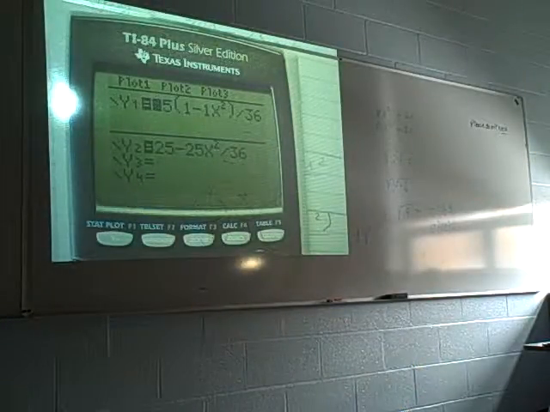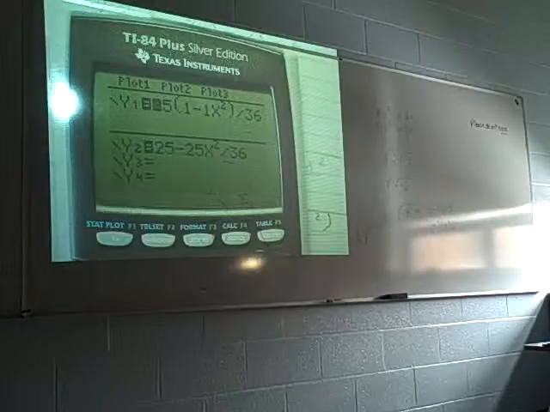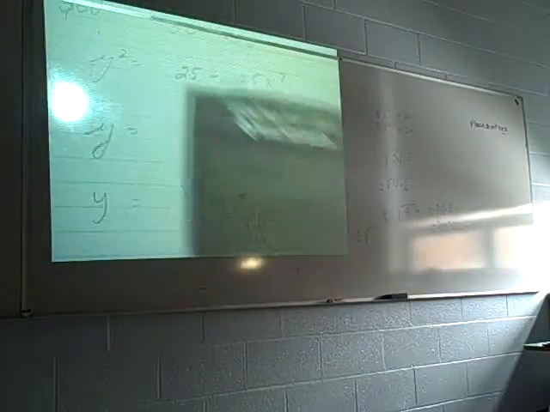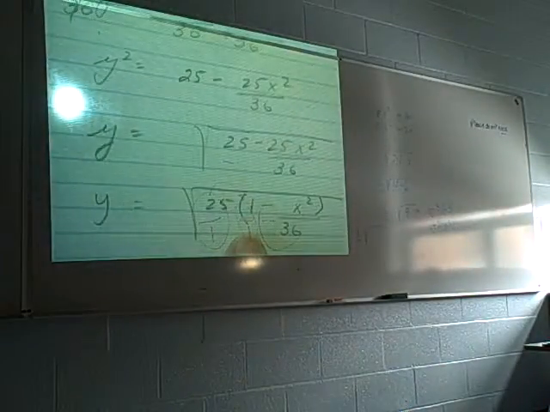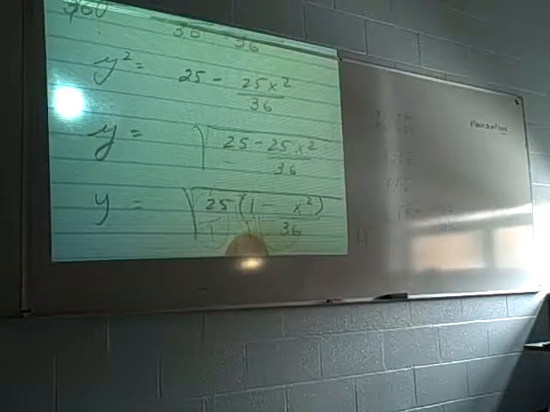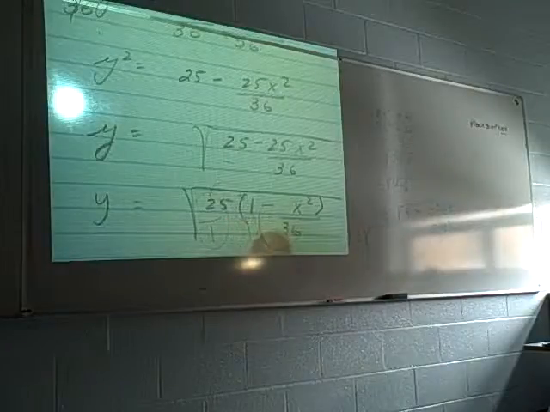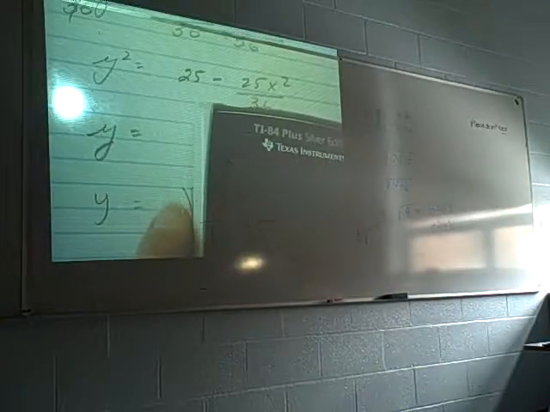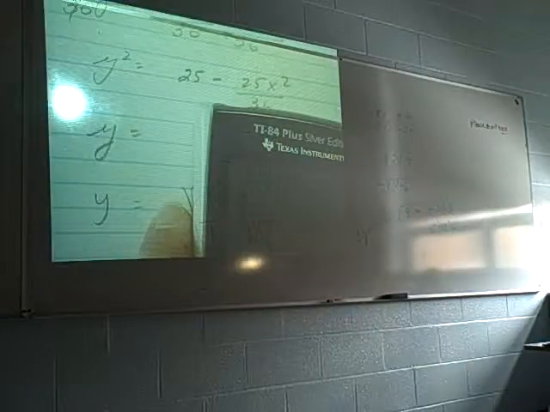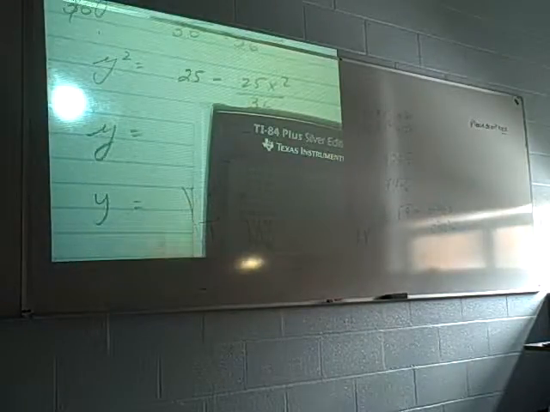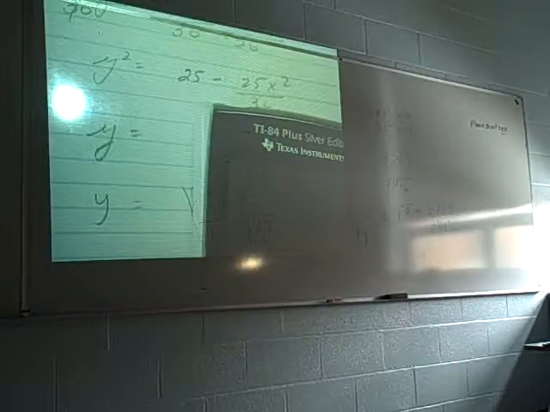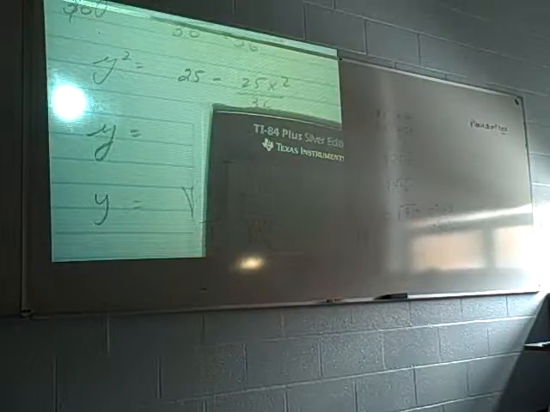For the first one, it is 25 times that. You don't have this incorrect, because you're doing y equals 25 and you're also doing the square root of this. You need another set of parentheses in here, and this quantity is being divided by 36.